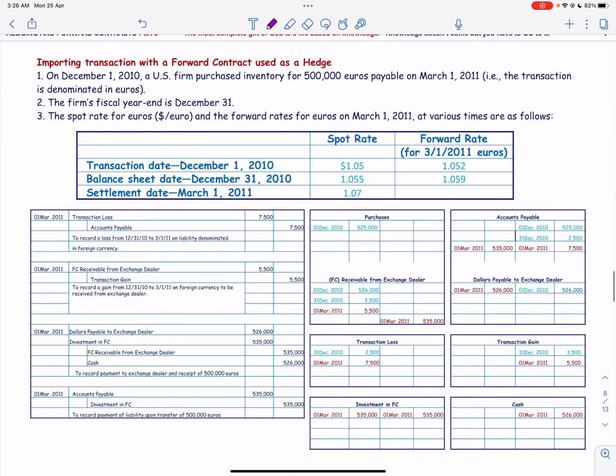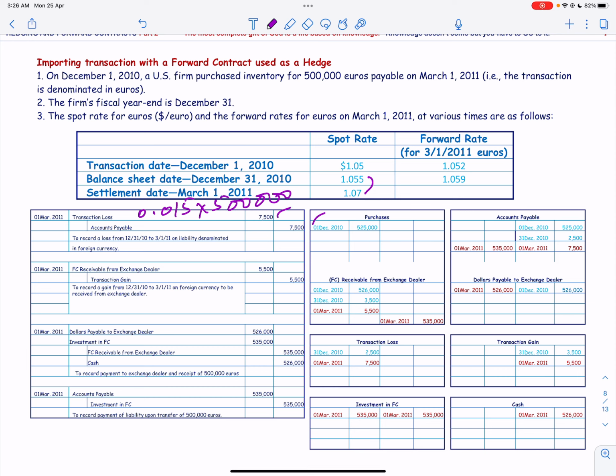Now, on the settlement date, the spot rate again increases from 1.05 to 1.07. So the difference will be 0.015 times 500,000. So this will give us a transaction loss of 7,500.